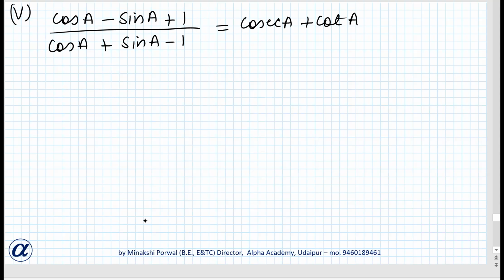In this fifth part, we are given that we have to use the identity cosec square A equals 1 plus cot square A.